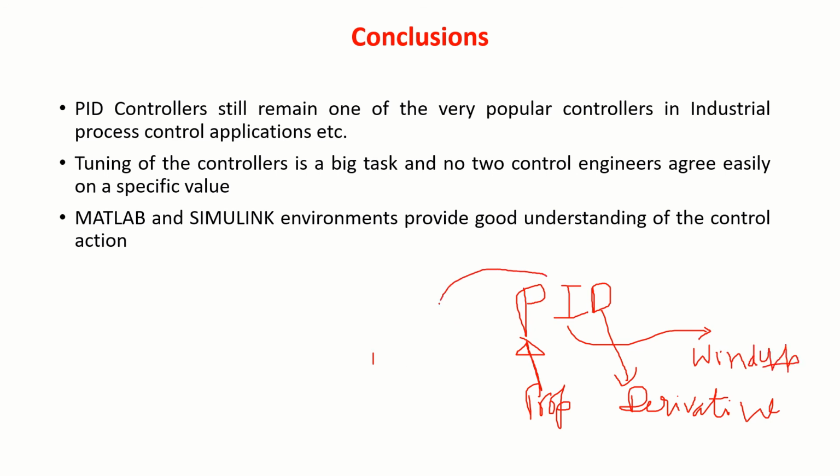To eliminate proportional kick, instead of the proportional controller acting directly on the error, it can be put in the feedback path so that it acts only on the process. The derivative controller also, instead of acting on the error, can be made to act only on the process by placing it in the feedback path. And by having an anti-windup circuit, integrator windup can be eliminated. So these are the things we must know while designing PID controllers.